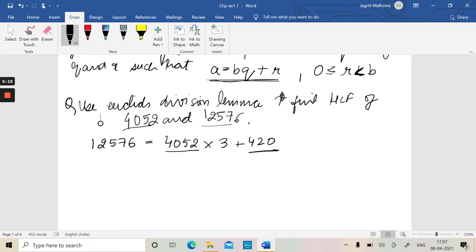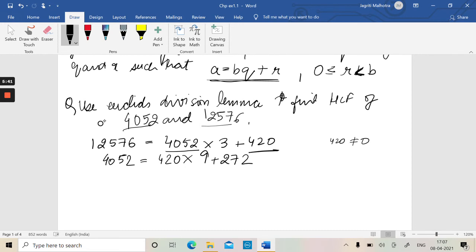But we still have a remainder which is not 0, so let us move forward. Because 420 is not equal to 0, we have to apply this lemma again. So here we are left with 4052 equals 420 into 9 plus 272, right?